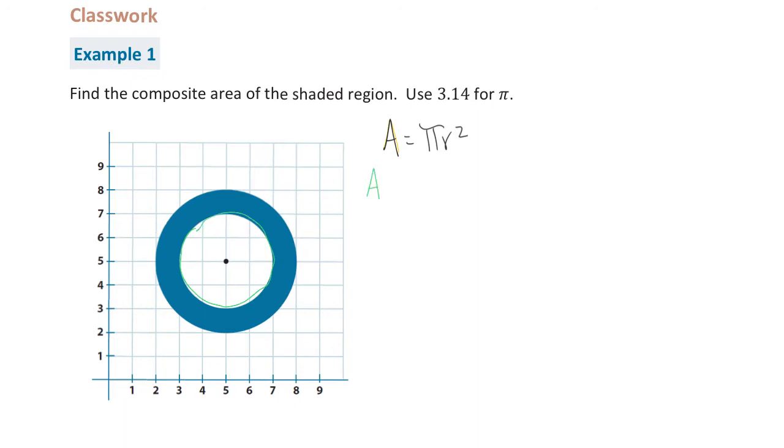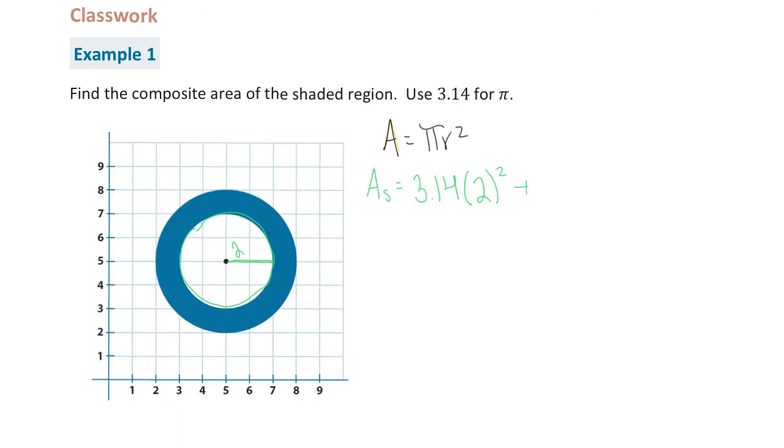So the area for our small disk, which I'm going to use S to represent, is going to be pi, so we have 3.14 times the radius. Remember, radius is half of the diameter. So we knew that the diameter is 4, and here we know that our radius is going to be 2. So now we have 2 squared.